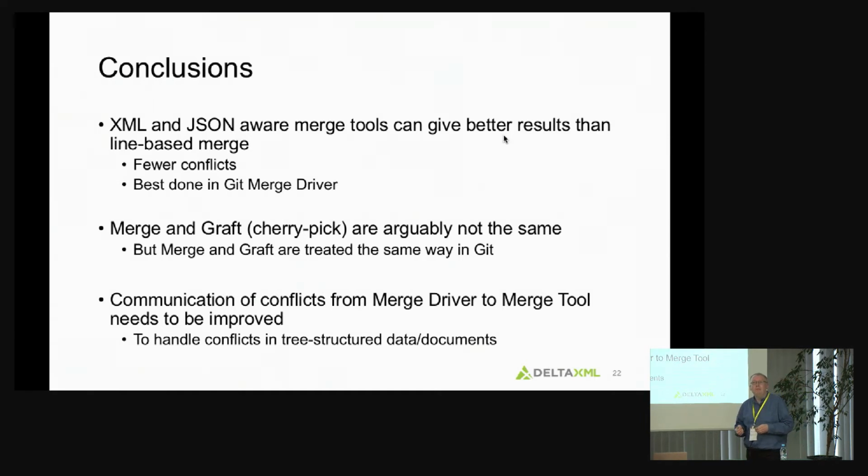Other people might know its origins better, but we think we can handle conflict in a tree-based format using a tree-based representation, and we believe that's the way forward, and would be happy to talk to anybody who wants to work in that area or who wants to look at this problem. Thank you.